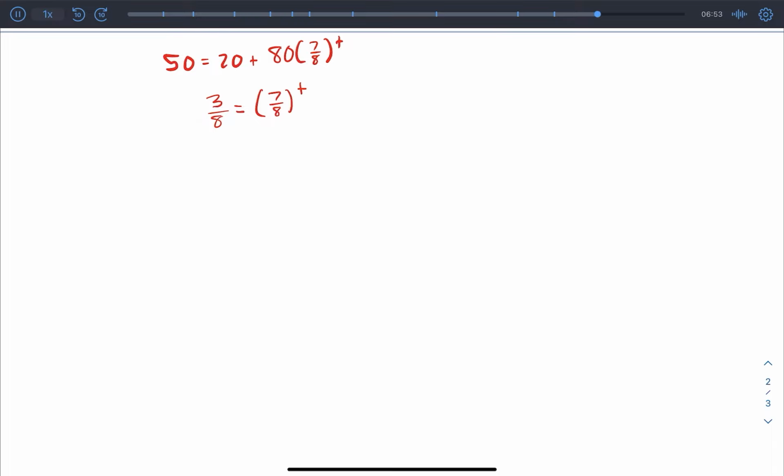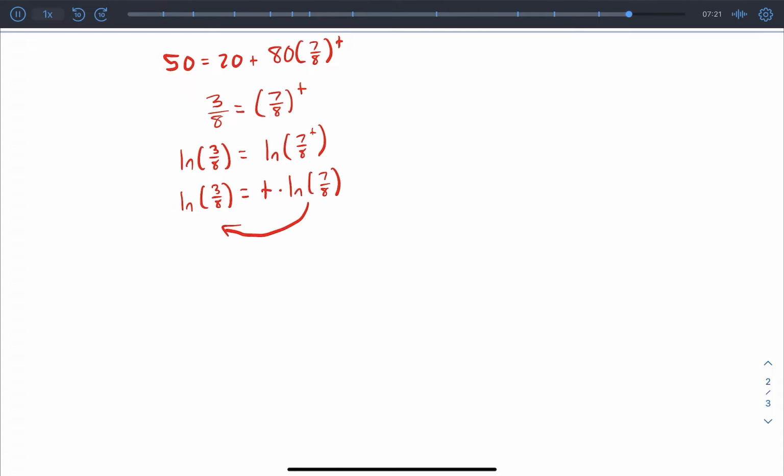7/8 to the time. Next, to isolate t, we can take the natural log of both sides, and then bring our t down to the front. So we're left with ln 3/8 is equal to t times ln of 7/8.